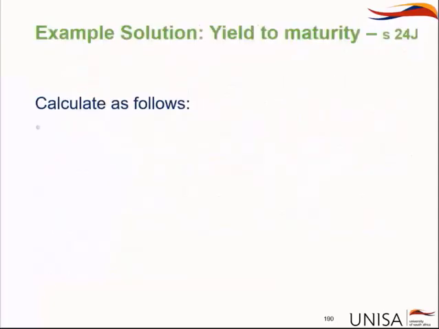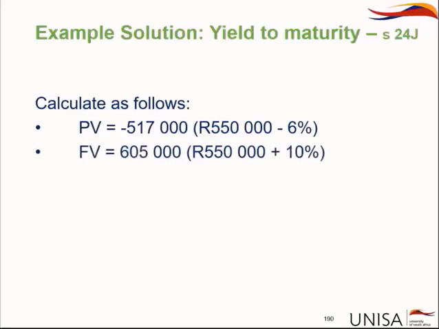We're going to start with the present value, being the discount that we got on the face value of this instrument. The future value will be the premium on top of what the redemption value will be, the 605,000. Our number of periods will be 6 because we are receiving interest every 6 months.